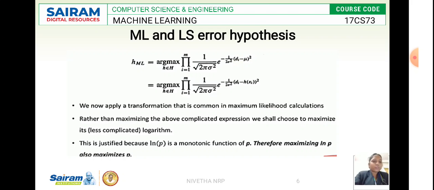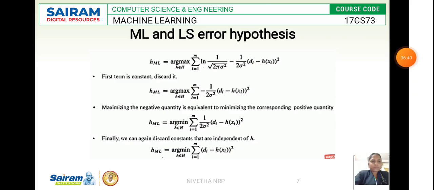Now we are going to apply a transformation for achieving the maximum likelihood calculation. Again we use the logarithmic value for making our calculation easier. We implement the logarithmic function and we discard the constant in each and every step of the derivation.